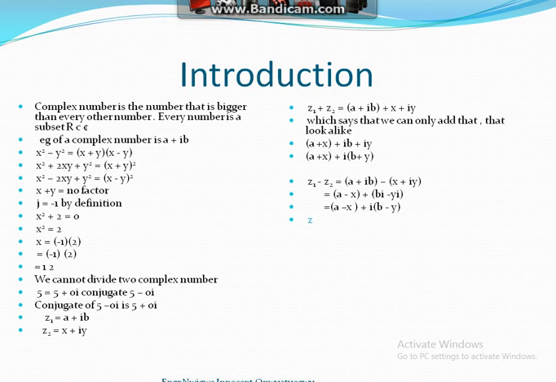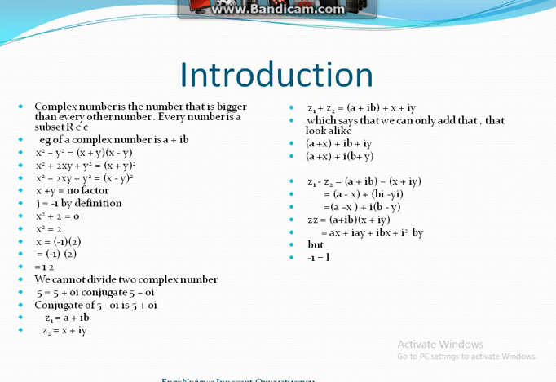Let's see z1 times z2, which gives us, in bracket, a plus ib times, in bracket, x plus iy. If we open the bracket, we'll be left with ax plus iay plus ibx plus i squared by. But minus 1 is equal to i squared.